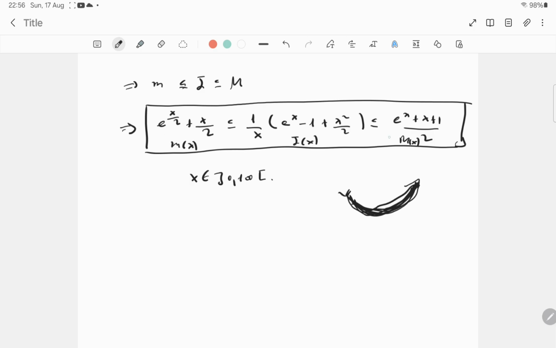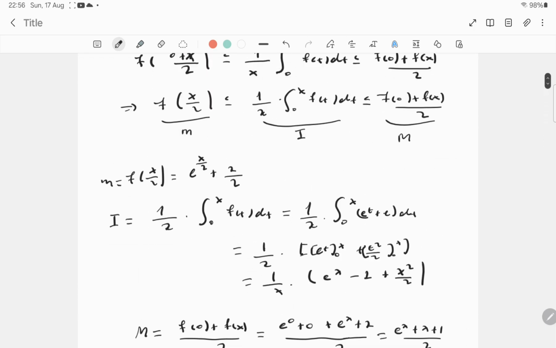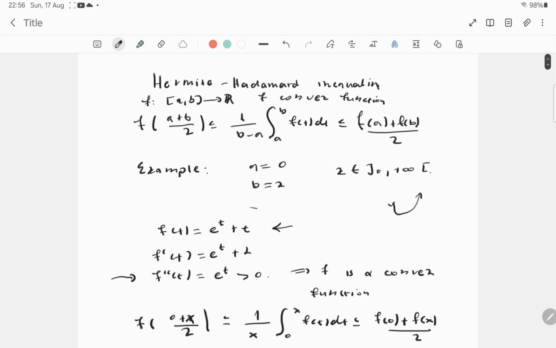This function is below that one, and this function is below that one. That's an example. What I wanted to share with you is a very strong inequality in the literature. The Hermite-Hadamard inequality is a really strong inequality, and it's used in convex analysis and convex geometry.